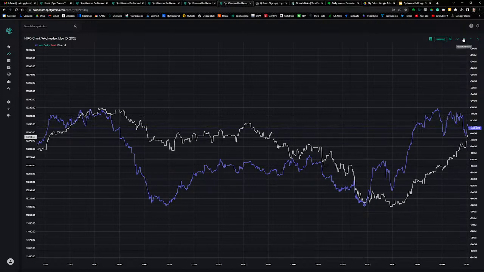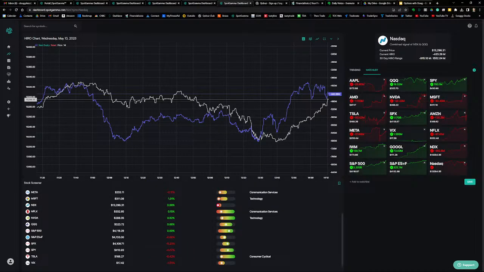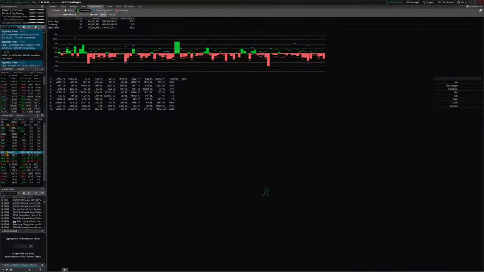One other thing that I wanted to take a look at today is market internals, something I do take a look at during the day. And this is the S&P 100 showing stocks advancing and stocks declining.